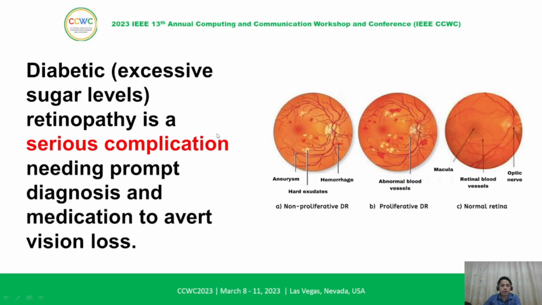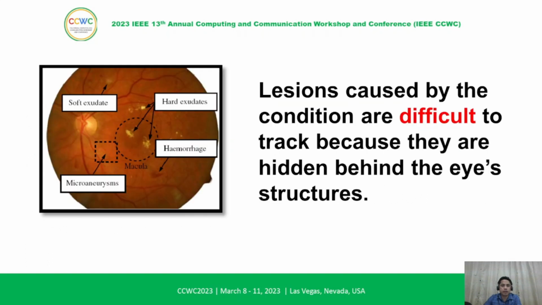For the introduction, diabetic retinopathy, caused by excessive sugar levels, is a serious complication needing prompt diagnosis and medication to avert vision loss. Lesions caused by the condition are difficult to track because they are hidden behind the eye's structure.